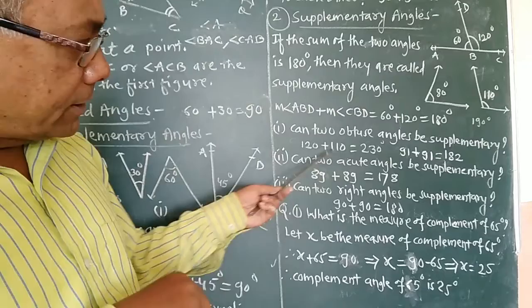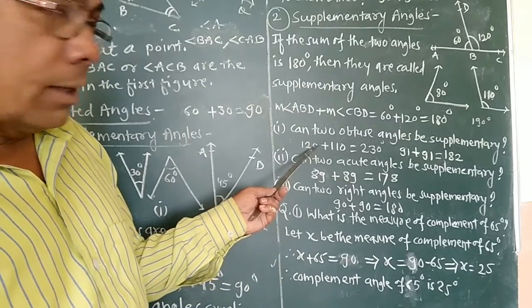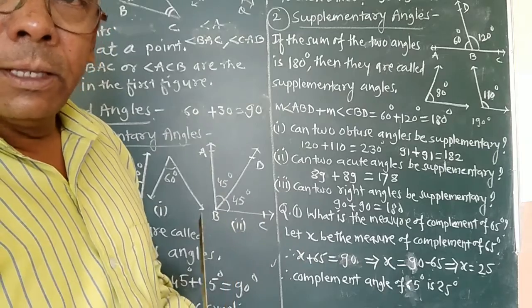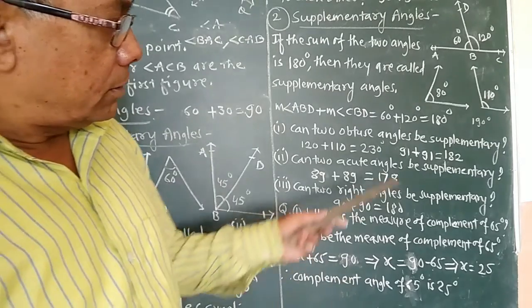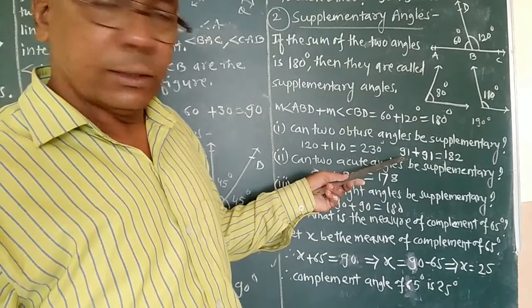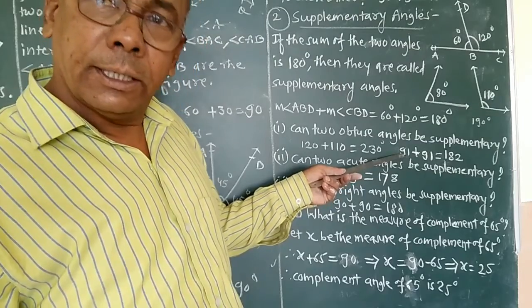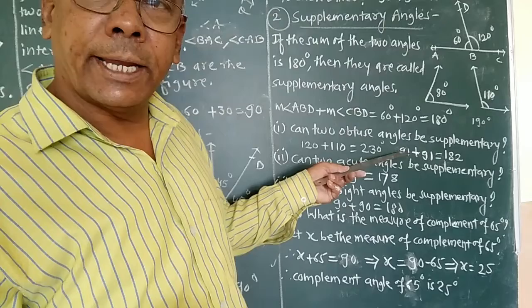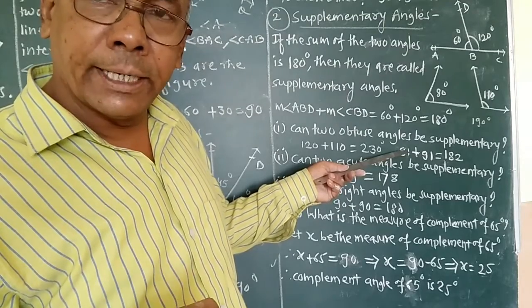So it is seen that the two obtuse angles cannot be supplementary. Here, for instance, we will consider 91. Is 91 obtuse angle? Yes, because it is greater than 90 degree.